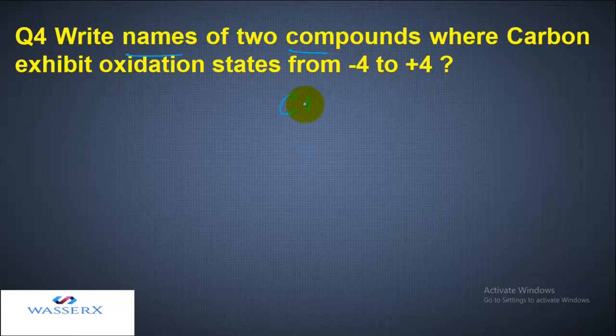If I write the compound CH4, that is methane, in this the oxidation state is -4. If we talk about ethane, in it the oxidation state is -3. And if we talk about methyl chloride, then its oxidation state in this case is -2. So you can actually calculate them also.